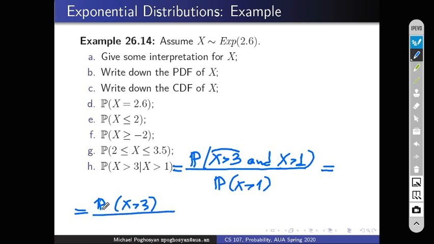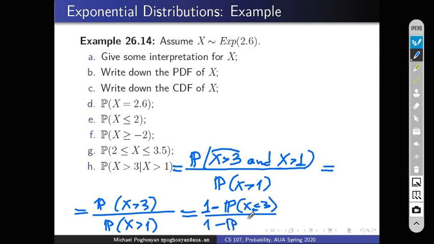So I need to calculate the probability that X is larger than 3 over the probability that X is larger than 1. Again, I can use integration from 3 to plus infinity of the PDF, but I'm using the CDF. So I'm passing to complements: 1 minus the probability that X is less or equal than 3, over 1 minus the probability that X is less or equal than 1. Now, this is 1 minus the value of the CDF at 3, over 1 minus the CDF at 1. This is equal, so I'm continuing here.